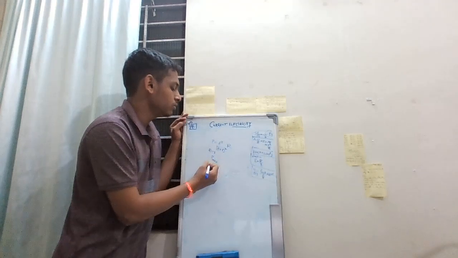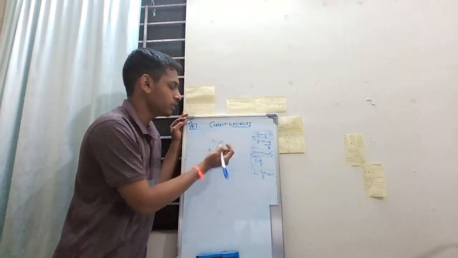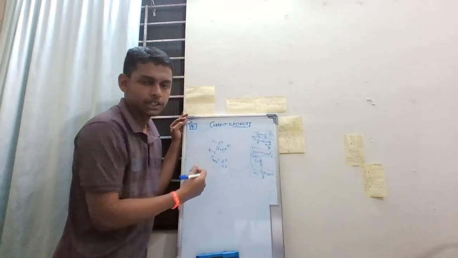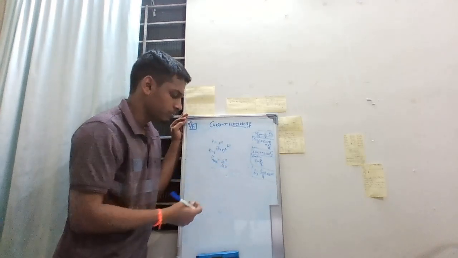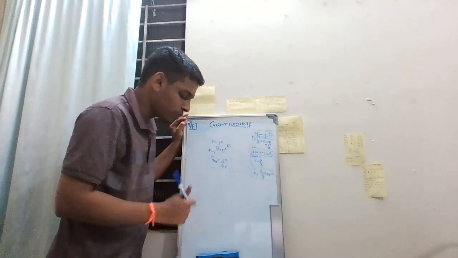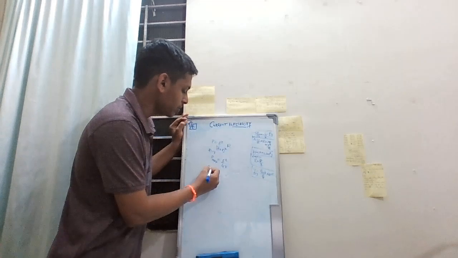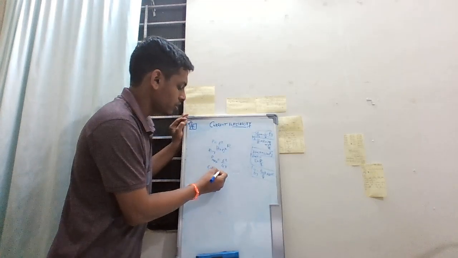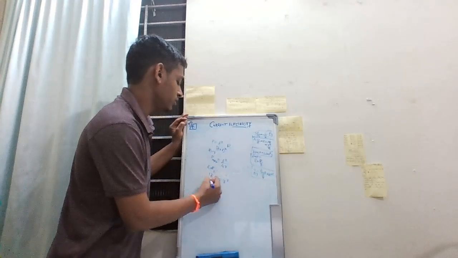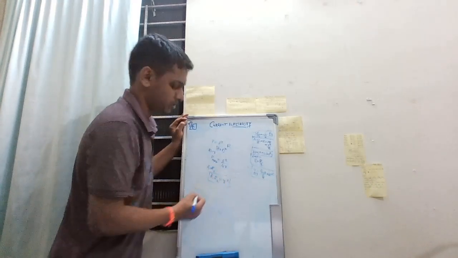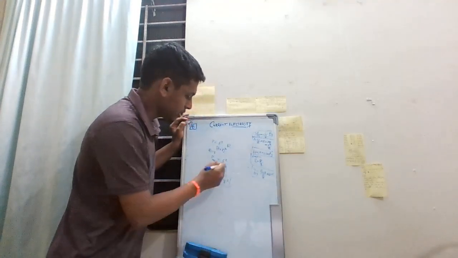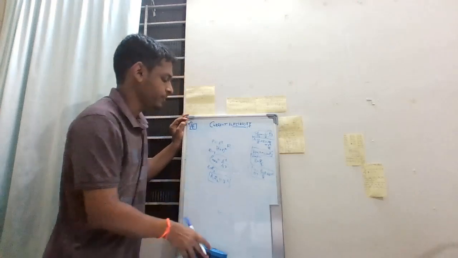So P max equals E squared r by 4r squared, r cancels, so E squared by 4r. That's our maximum P output, P max. And later they have modified the formula with R1 plus R2 and all, and they have gained this formula to plot the graph. R1 into R2 is equal to r squared, and this is the maximum value of that graph.